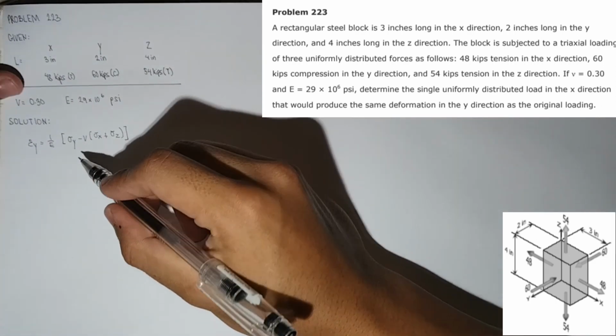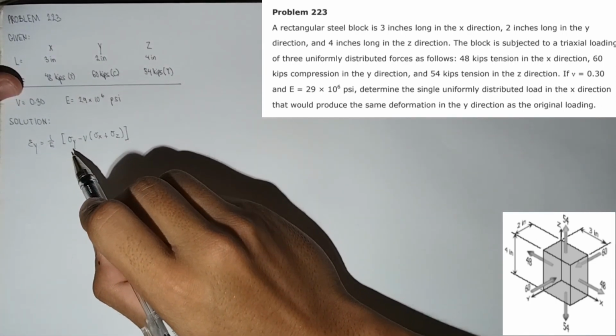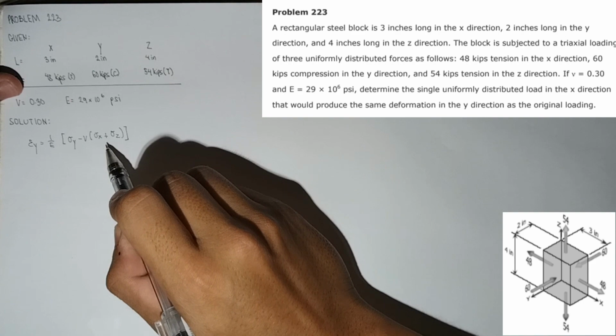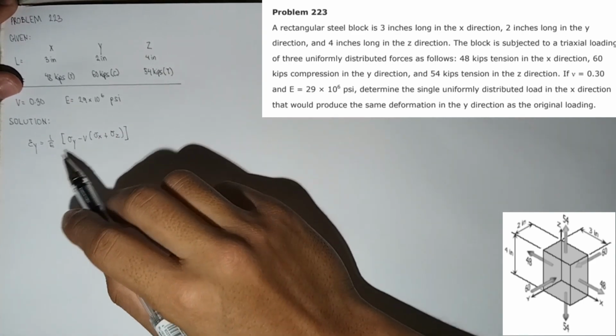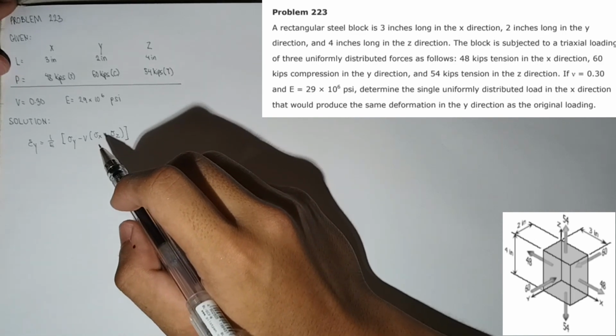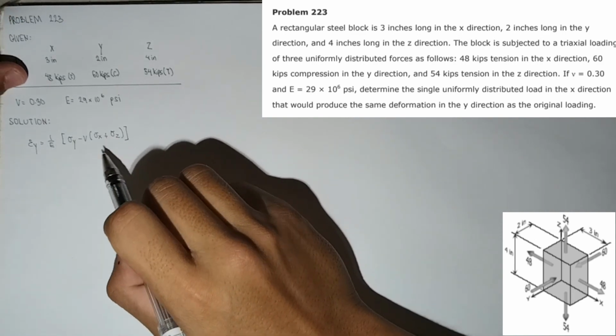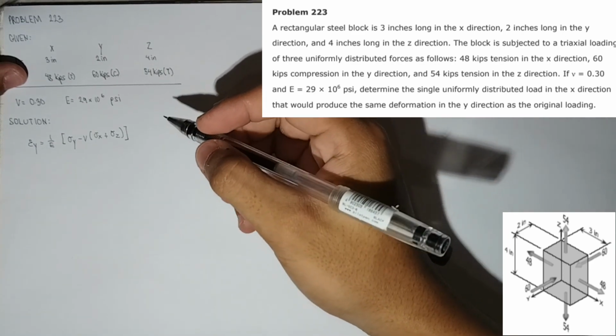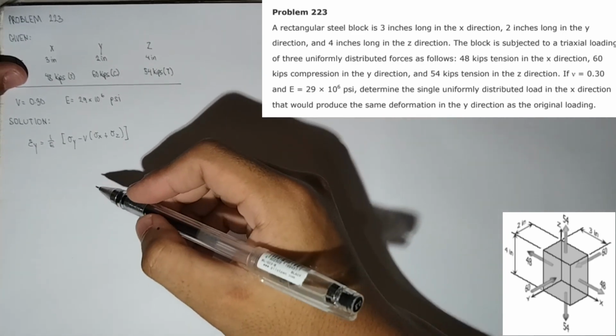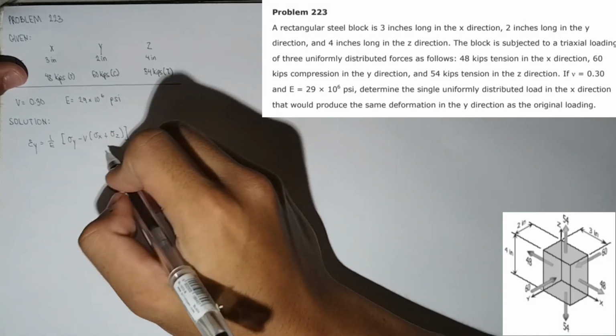In the formula we have stresses in y direction, stresses in x direction, and stresses in z direction. To satisfy this formula, we should first get these stresses guys, so that we can put the stresses here. We can use this formula.